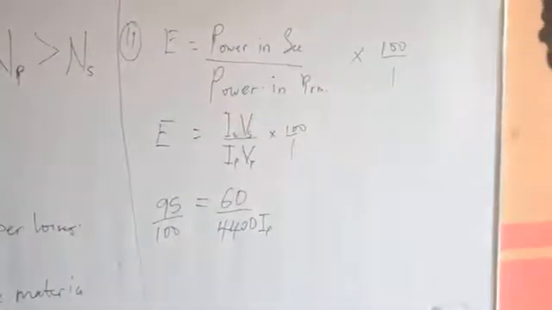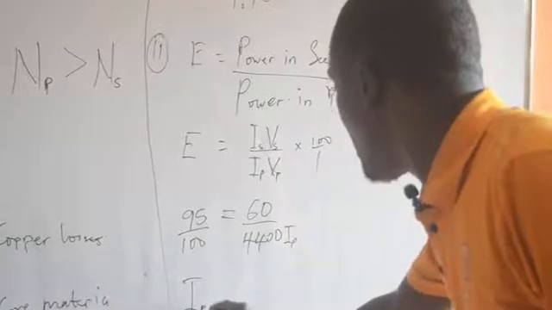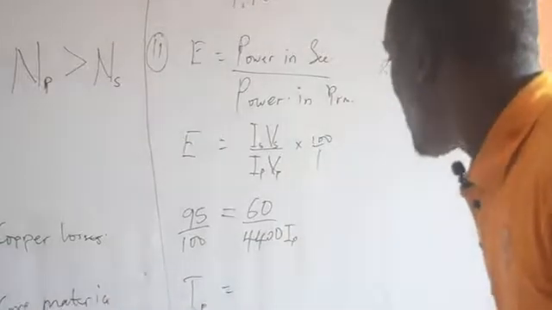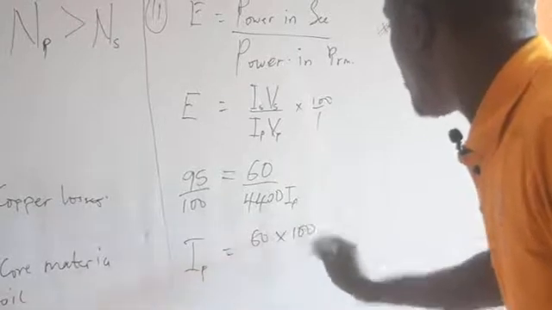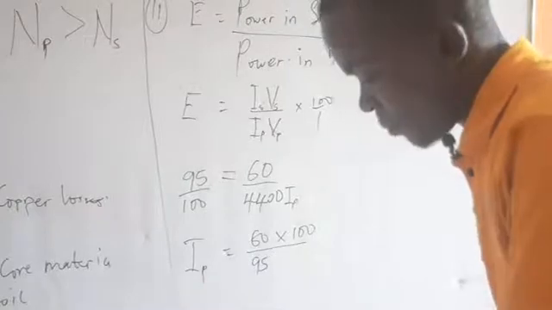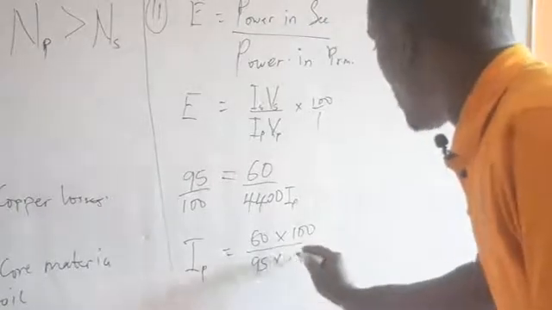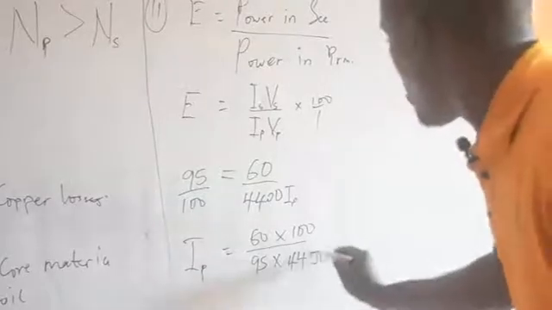So when you cross multiply, the current in the primary will now be 60 times 100 all over 95 multiplied by 4,400 volts.